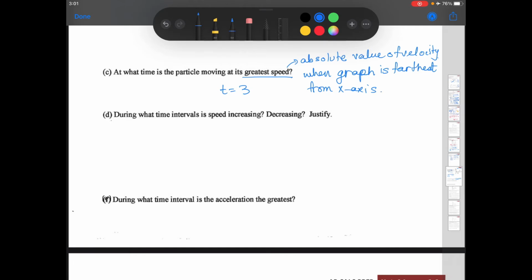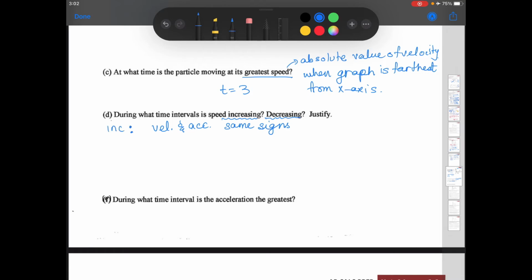D. During what time interval is speed increasing? Here we are going to be comparing our velocity and acceleration. Whenever we talk about speed increasing and decreasing, we are talking about velocity and acceleration. If velocity and acceleration have the same signs, speed is going to be increasing.